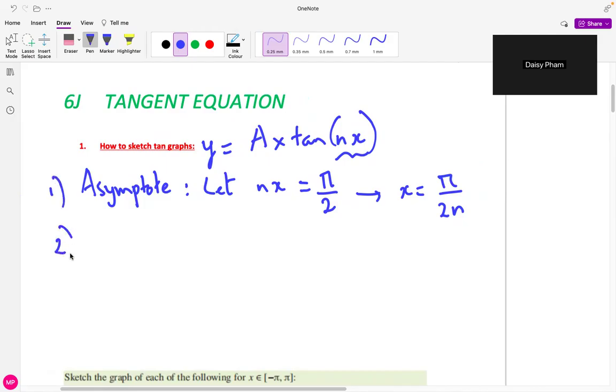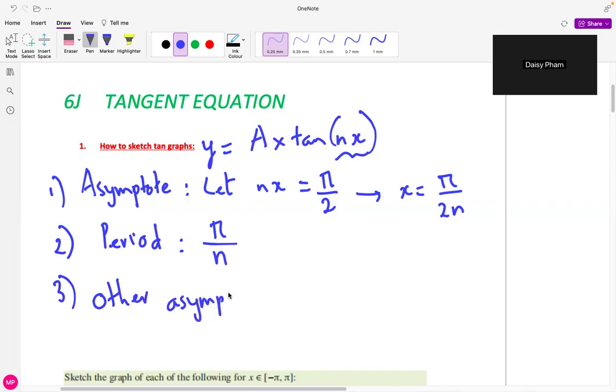We're going to find a period first, and then we're going to add a period to the asymptote to find other asymptotes. The period's formula for tan is pi over n, and n is right here. So we get other asymptotes by adding a period to the original asymptote.